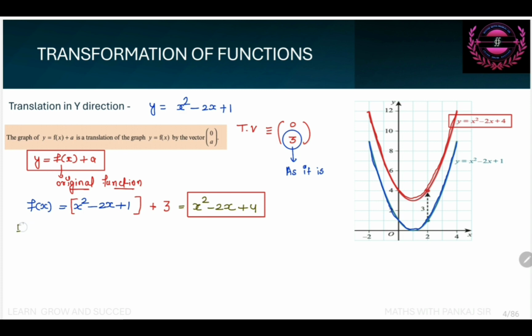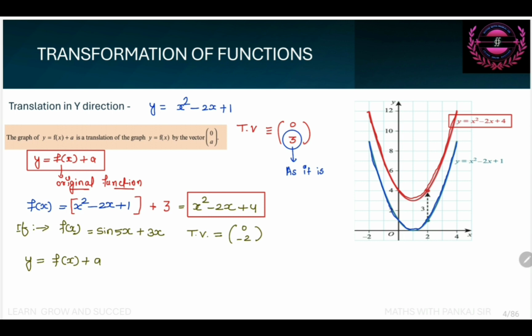If f(x) is sine 5x plus 3x and the translation vector is again (0, minus 2), therefore the equation of the curve after translation will be y equals f(x) plus a.